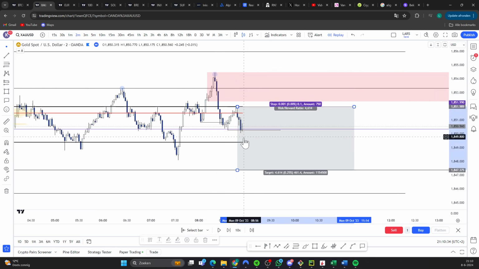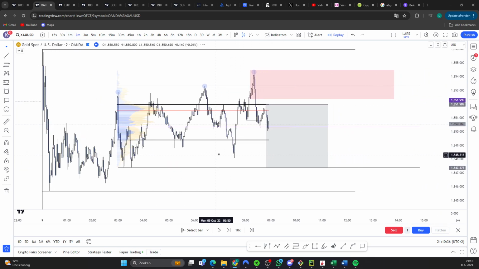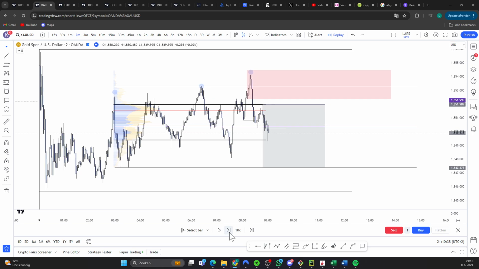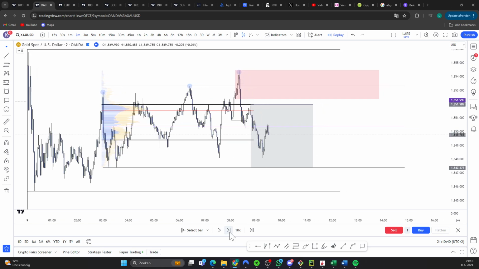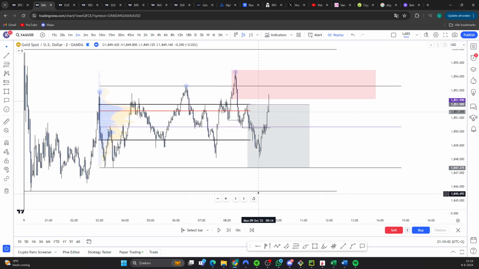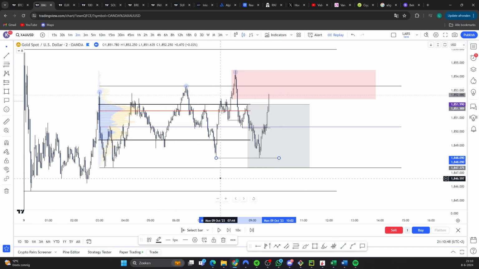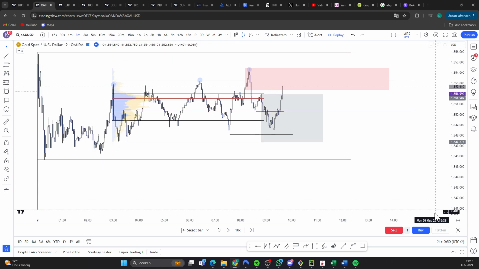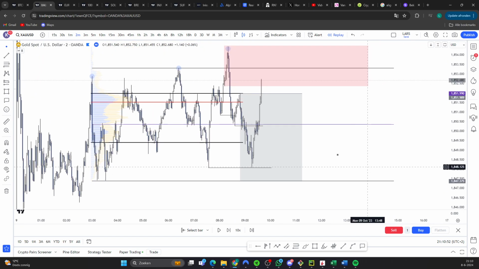Enter there. Put your stop to break even the moment you take that low. There you go. Boom, boom, boom. Not even grab the low. Break back to bullish.